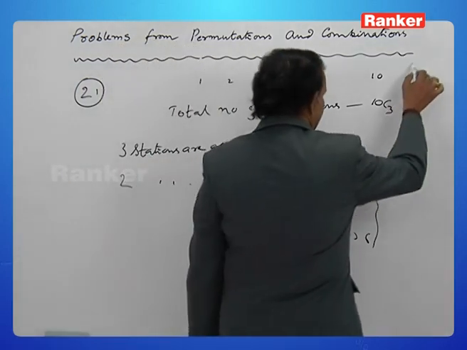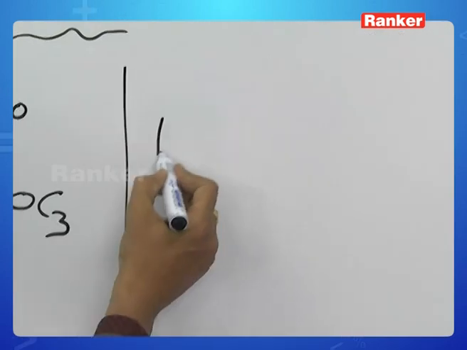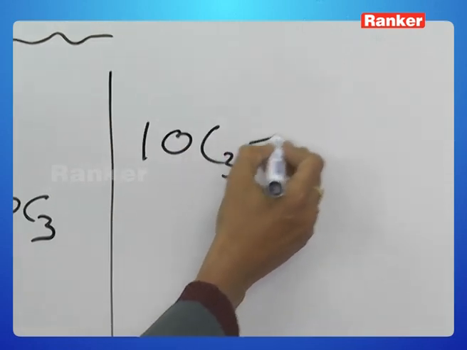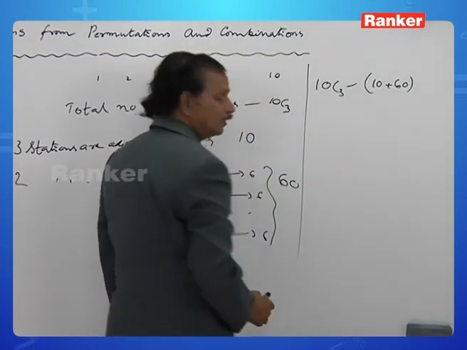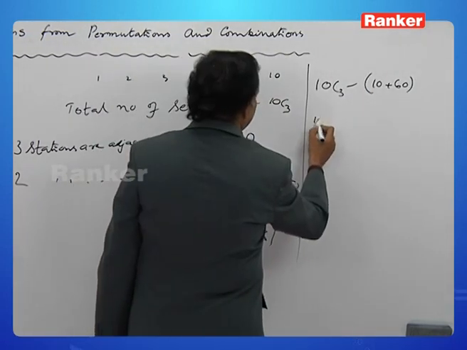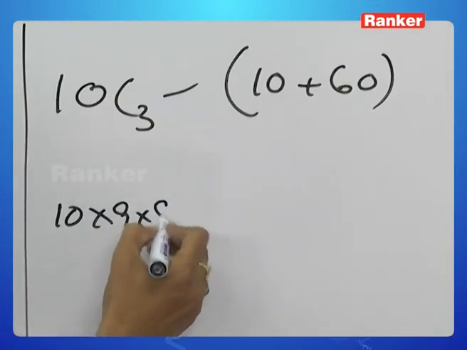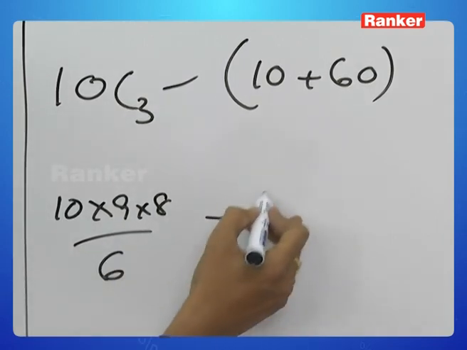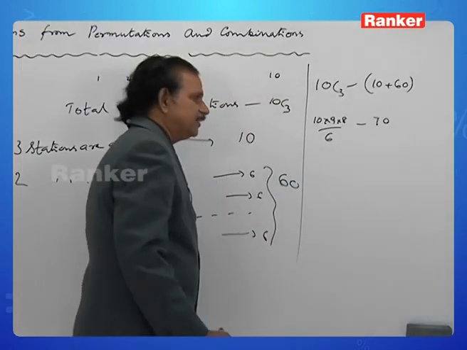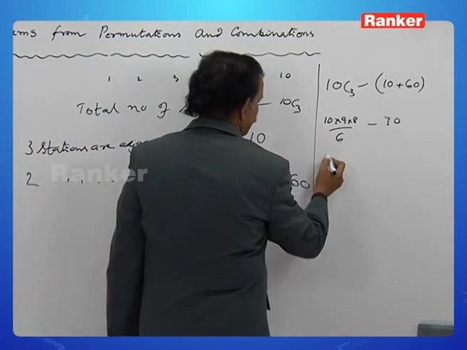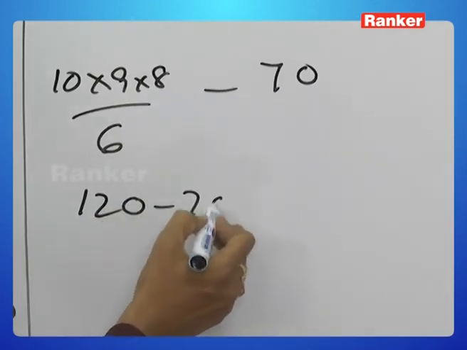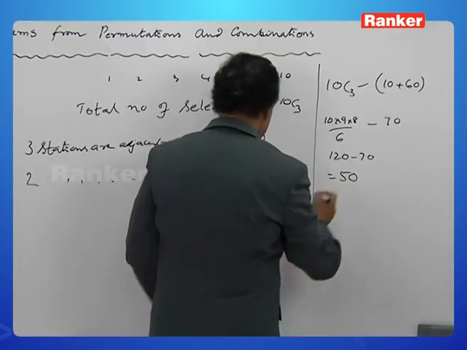Therefore, the answer will be total number of selections 10C3 minus invalid selections 10 plus 60. What is 10C3? 10 into 9 into 8 by 3 factorial, that is 6, minus 70. That is 120. 120 minus 70 is nothing but 50.